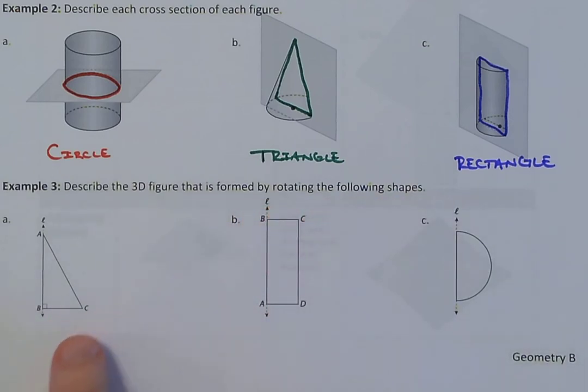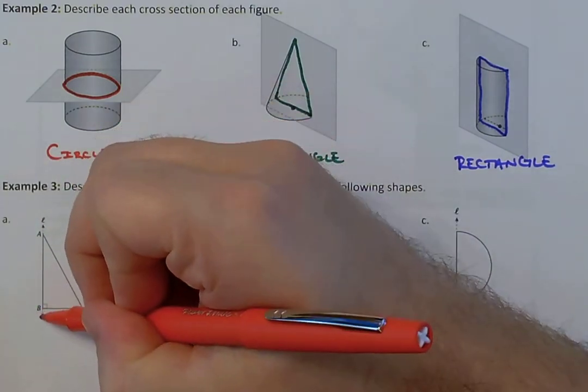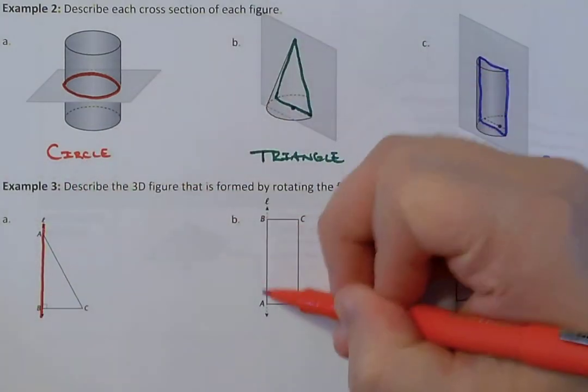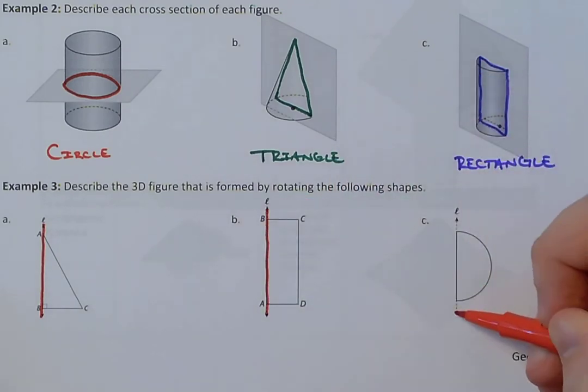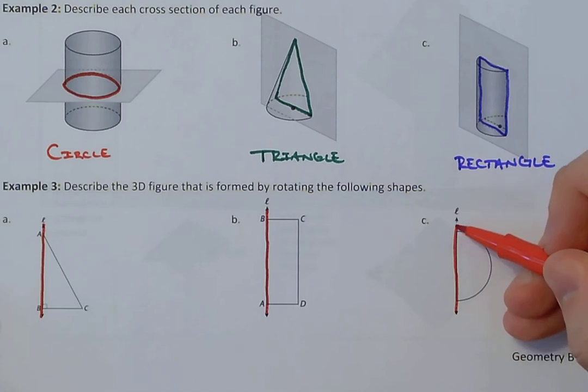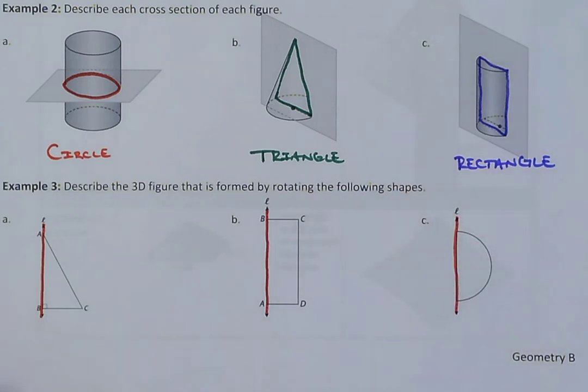So for example 3, they want you to take the following shapes: a triangle, rectangle, and a semicircle, and they want you to rotate 360 degrees around the following lines L.